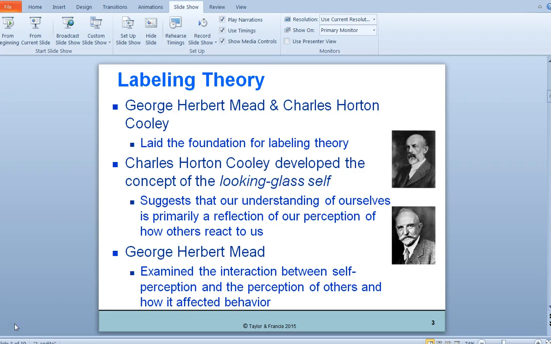So instead of looking at something objectively, this theory supports that the meaning of words and actions to the actors, to those involved in a communication, is what forms a person. And this is what Cooley called the looking glass self. That will be on your quiz.